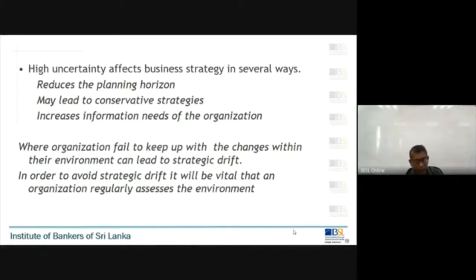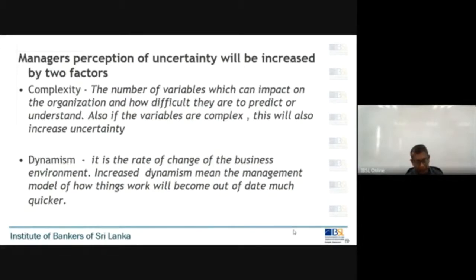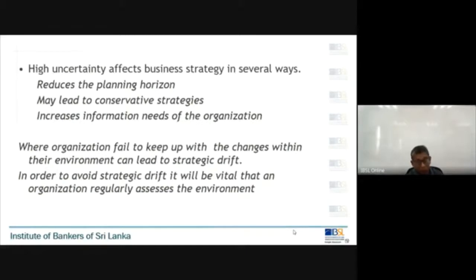Even this 3-year horizon may sometimes be questioned because of dynamism. But you can't go less than that, because we need to plan for some future direction. Otherwise, it's a short-term plan, and a strategic plan is a long-term plan. How can you avoid this planning horizon issue? By constantly monitoring the existing strategic plan.